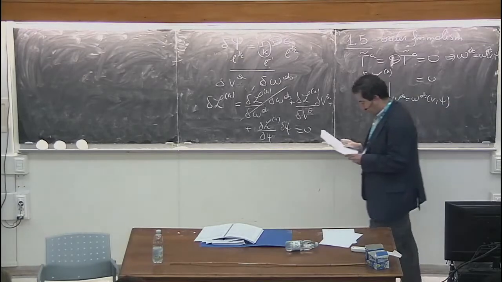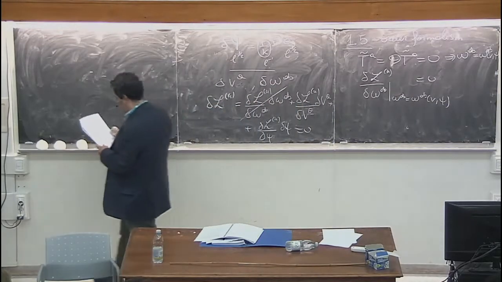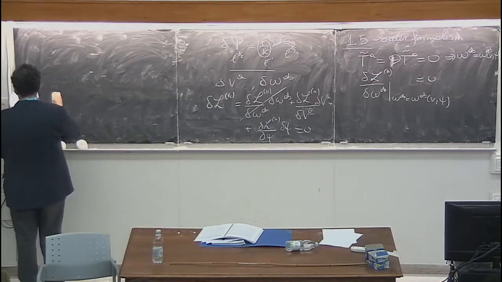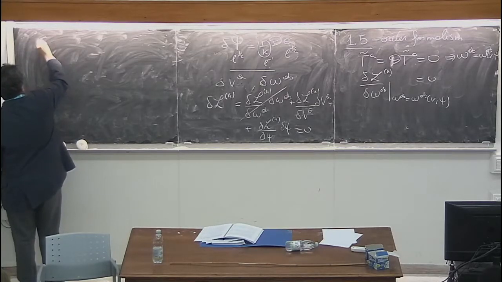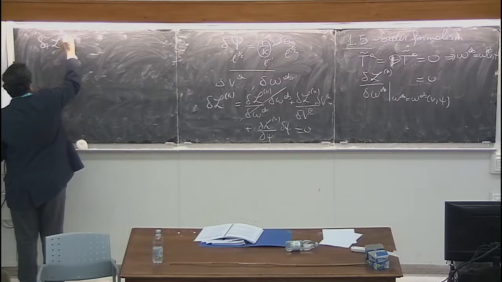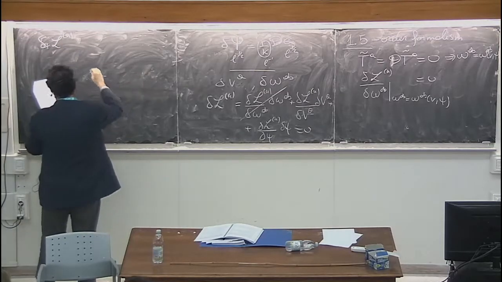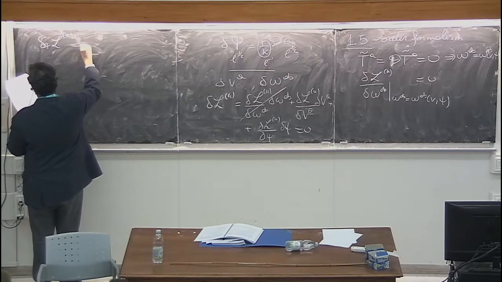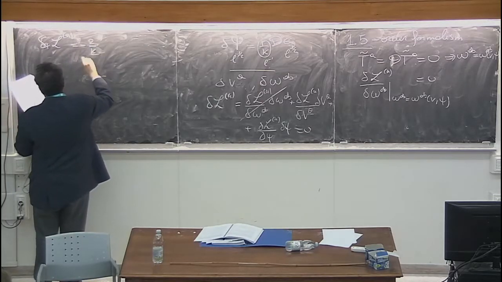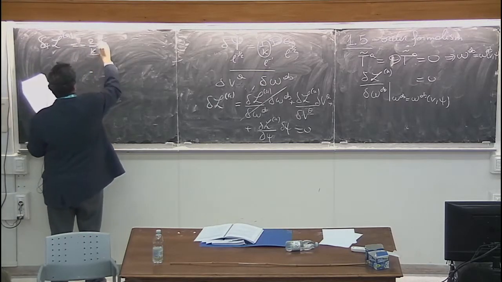So let us compute the variation of L4 with respect to psi. We are varying only the Rarita-Schwinger part.